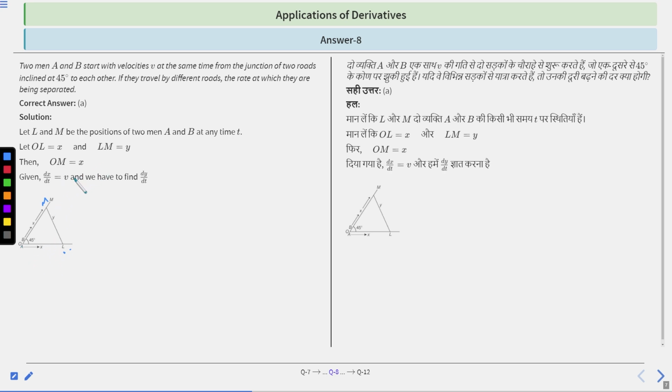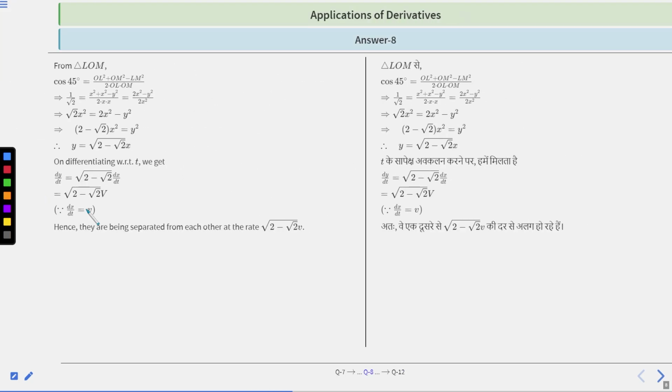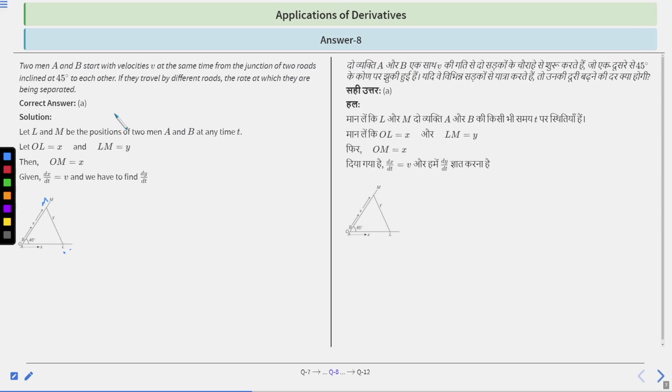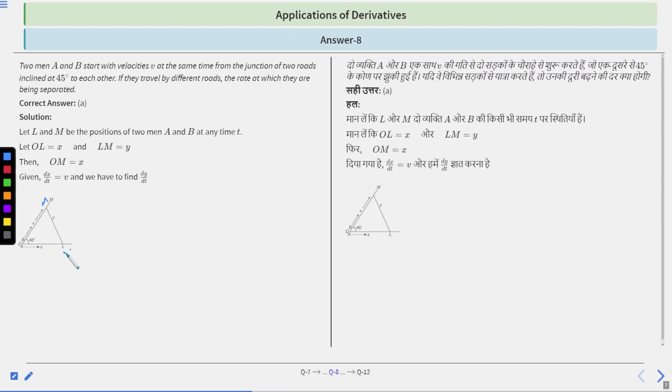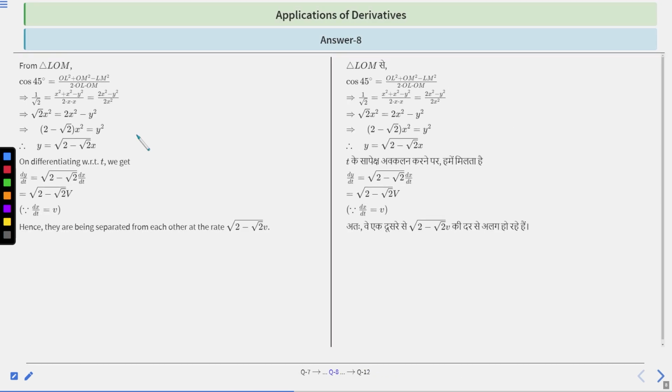Now given dx by dt is equal to v, and we have to find dy by dt. Now see, this angle is given as 45, so with x, y and 45 let's apply the cosine formula. Cos 45 degree will be OL square plus OM square minus ML square upon 2 OL OM.